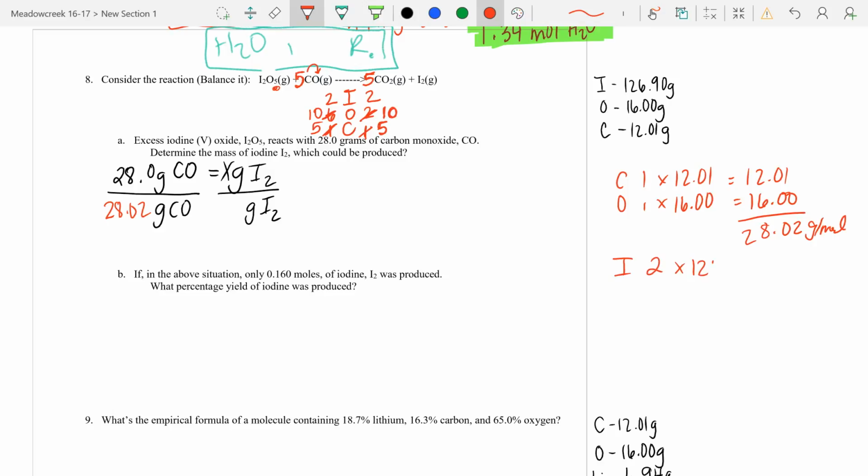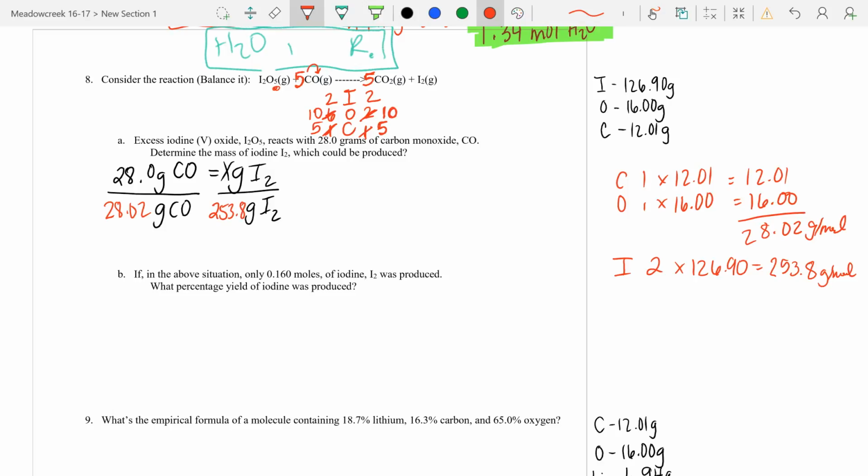It's times 126.90, which is much heavier than my carbon or hydrogen was. And I say 126.90 times 2 gives me 253.8 grams per mole. So I'm going to write my molar mass next to my grams of iodine, 253.8.